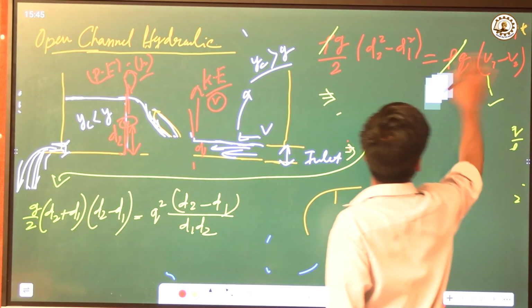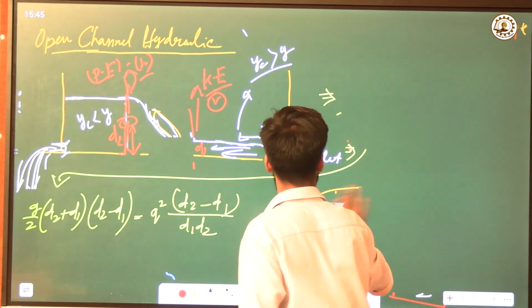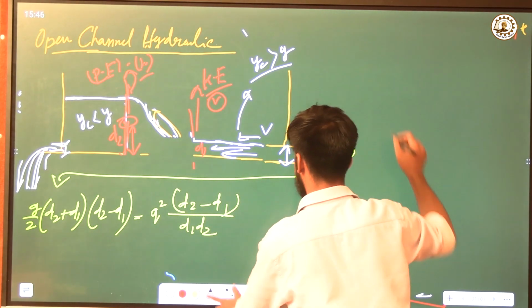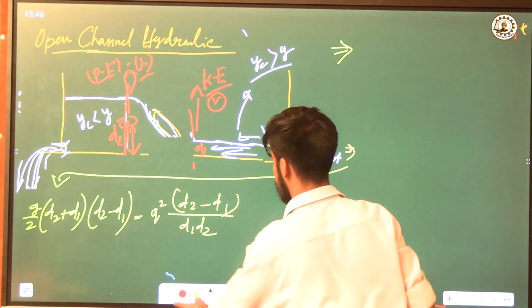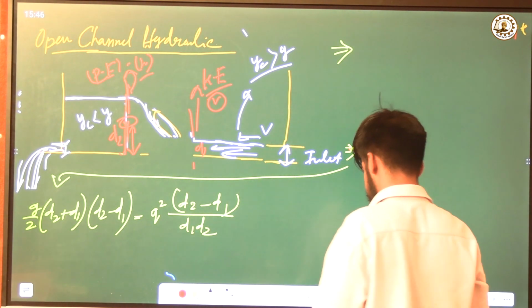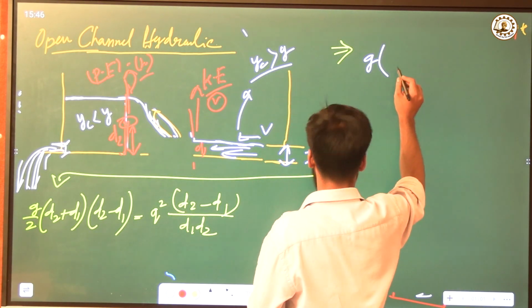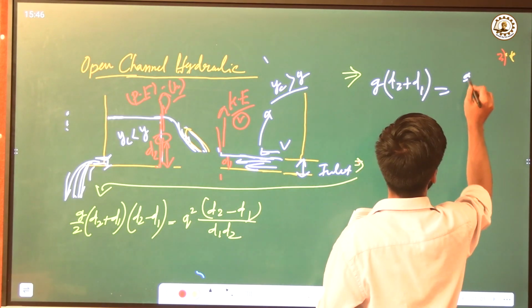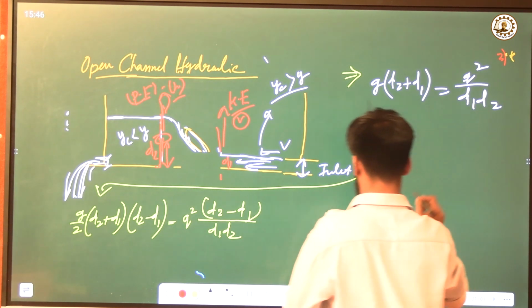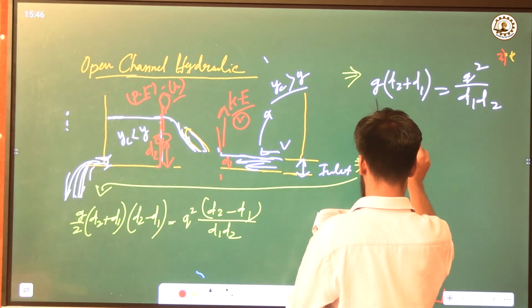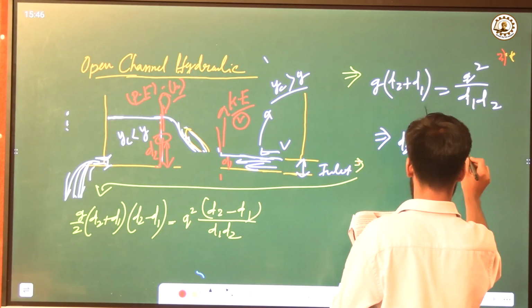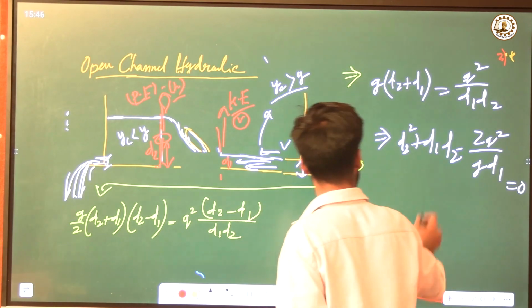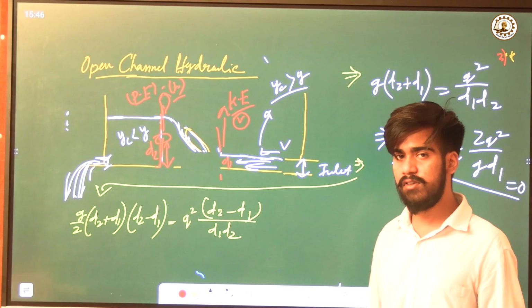If we derive this further, then we have a quadratic equation for the values of d2.